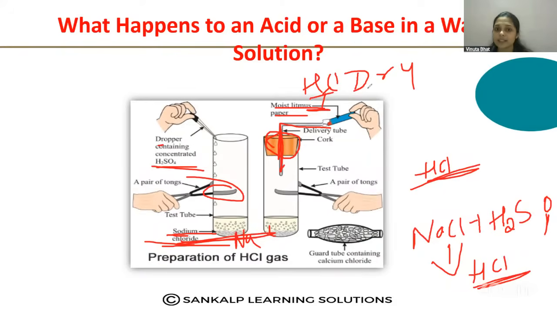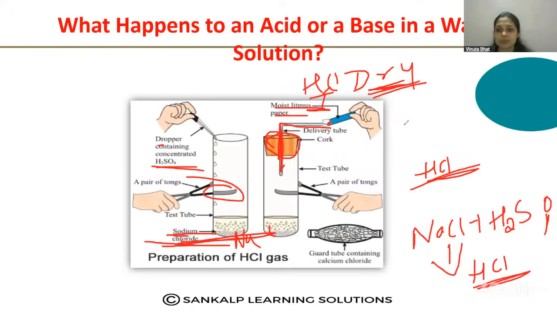When you test this hydrochloric acid gas with dry litmus paper, there is no change in the litmus paper. There is no color change.